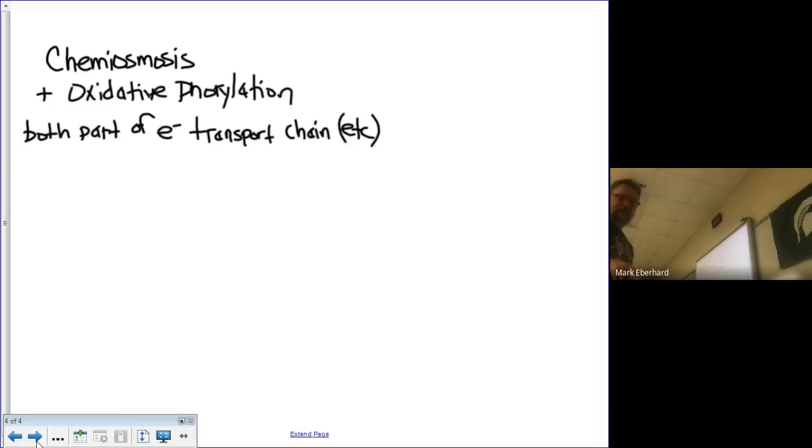So there's two phases going on here during this final step. They're not separate from the electron transport chain. They are part of the electron transport chain.